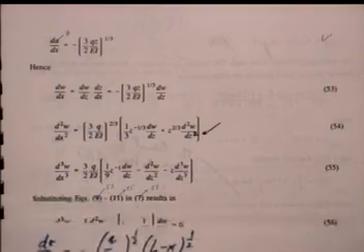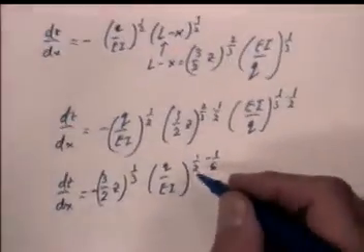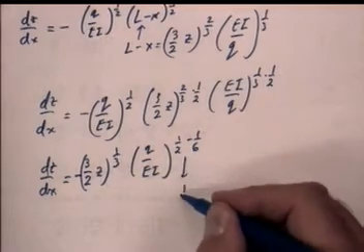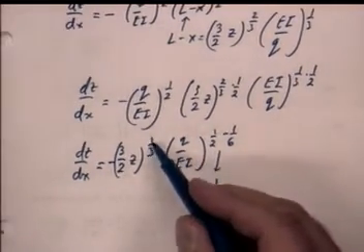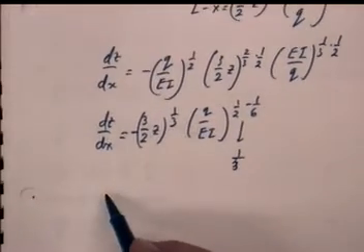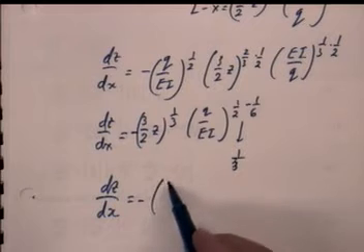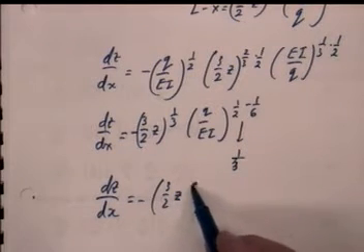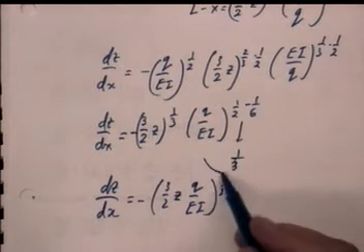So therefore, this will be a 1/3 power. So this power is 1/3, and here is also 1/3. So everything boils down to 1/3. dz dx equals minus 3/2 z times q over EI in power 1/3.